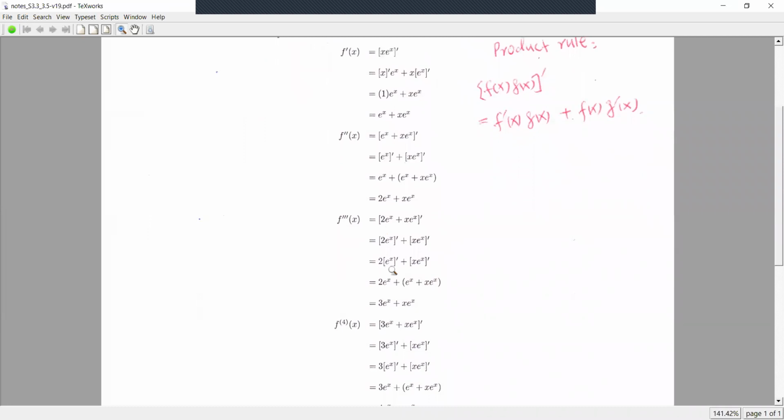The derivative of e to the x is e to the x. The derivative of x times e to the x, from here, is e to the x plus x times e to the x. Combine 2e to the x and e to the x, then this is the result of the third derivative.